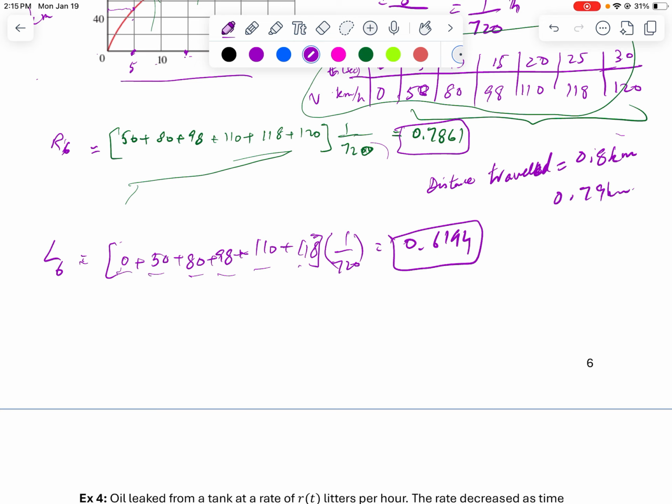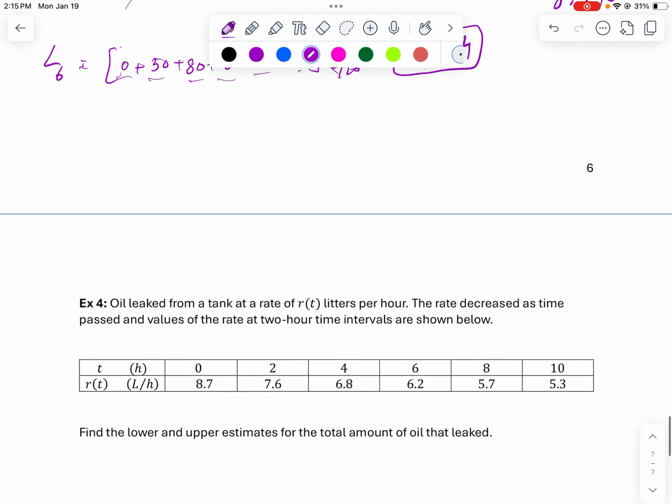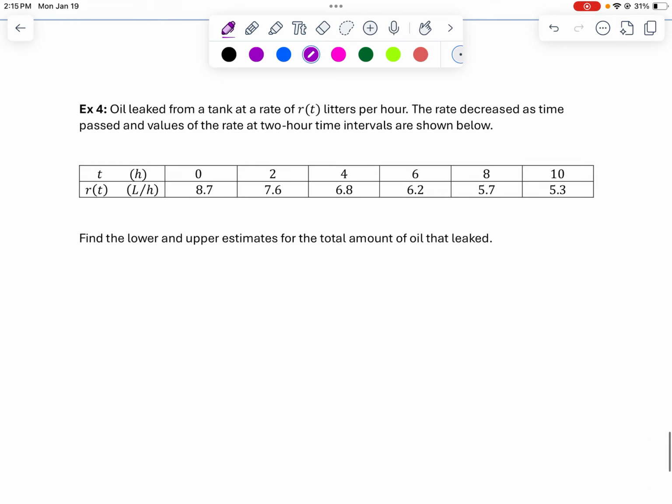Okay, let's look at one more example. It says oil leaked from a tank at a rate of R(t), liters per hour. So liters per hour, that's the unit. The rate decreased as time passed, and values of the rate at 2 hour time intervals are shown below.